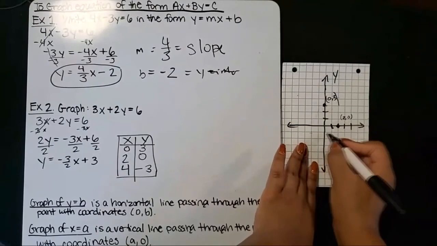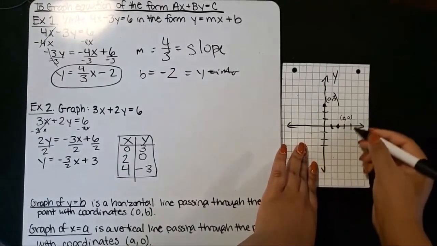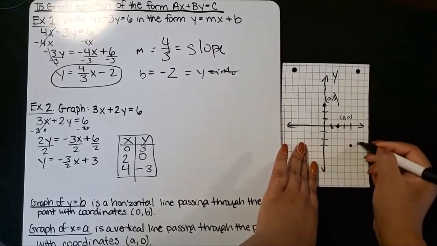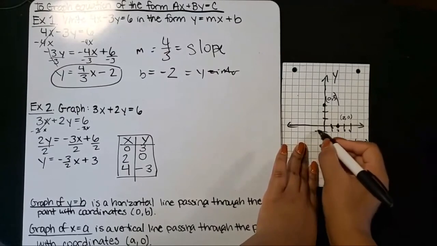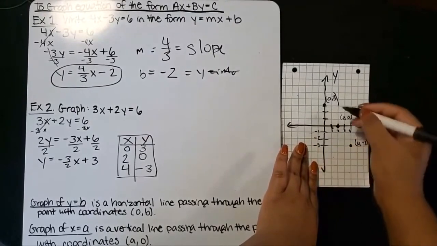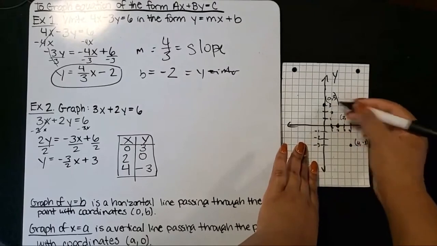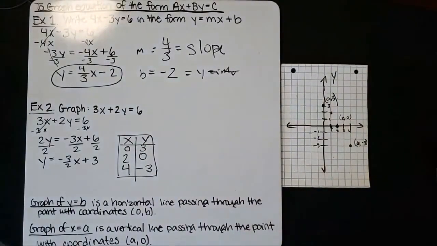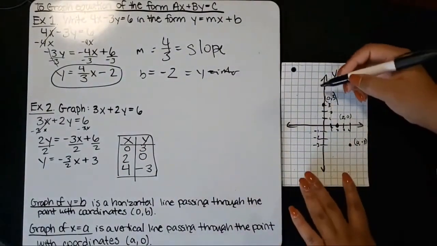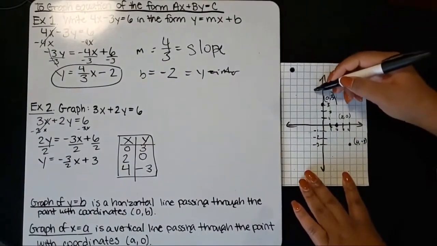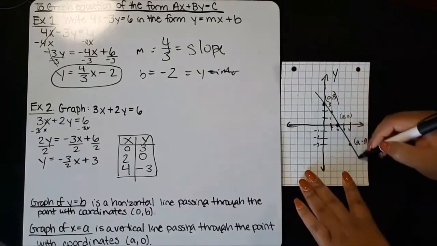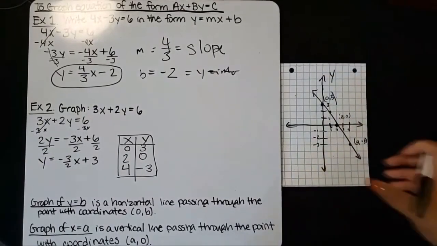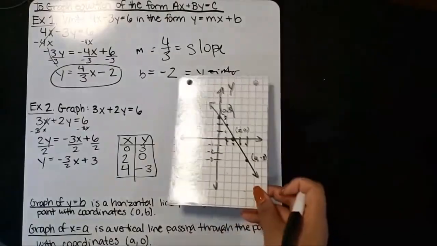And then we go down 3. So this is 4, negative 3. All right. So we have our 3 points, and we can connect them together. And that is the graph.